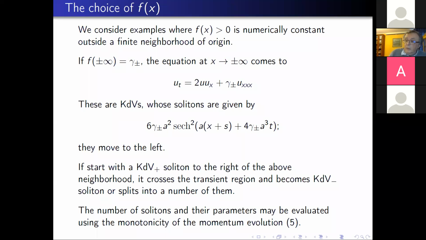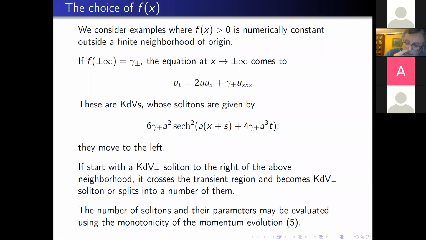The model, which is numerically and analytically analyzed below, consists of a soliton, which starts, well, I recall that solitons for positive coefficients in the equation move to the left. We take a soliton far in the right and let it move to the left.